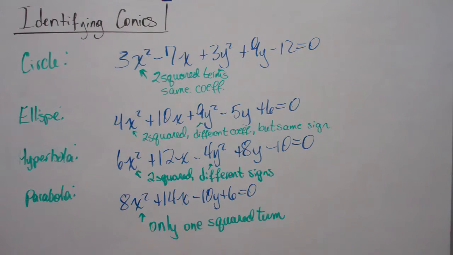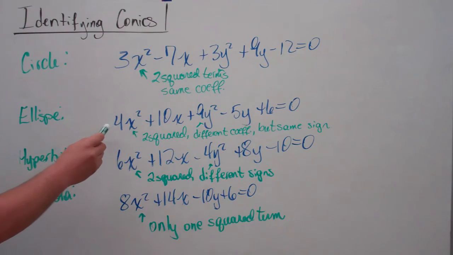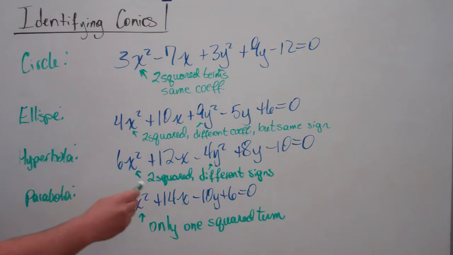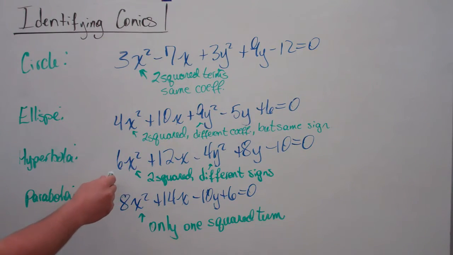If you have two squared terms, you know it's not a parabola, but now we have to determine whether it's a circle, ellipse, or hyperbola. If the squared terms have the exact same coefficient, you have a circle. If they have different coefficients, but they both have the same sign, so they're both positive or both negative, you have an ellipse. And if you have two squared terms with different signs, this one's positive, this one's negative, that's a hyperbola.